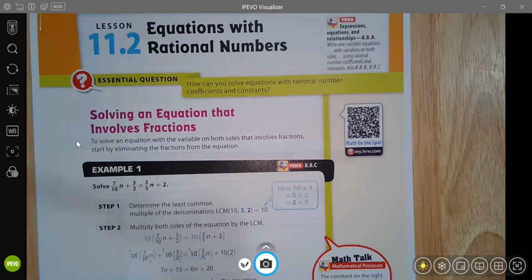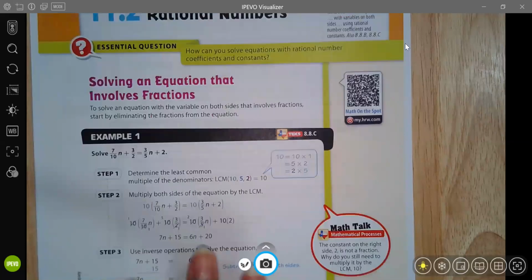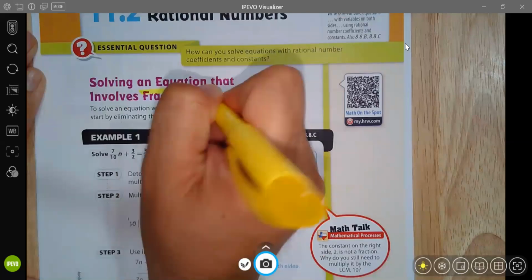I'm going to have this ready to go because I know there's going to be columns that give us the tiniest space, and I like to work up my problems for you guys so you can see the step-by-step of it, okay? So let's pay attention to example 1. In example 1, we are going to solve an equation that is really focusing on fractions.